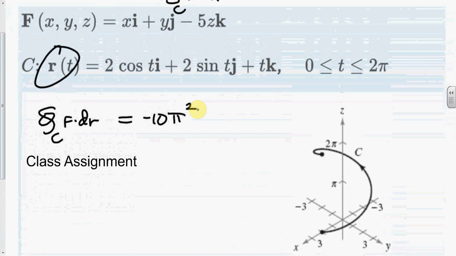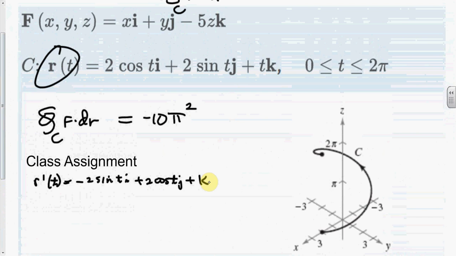All right, let's look at this problem real quick. See if I can piece it together. R prime of t is -2 sine t i plus 2 cosine t j plus k.